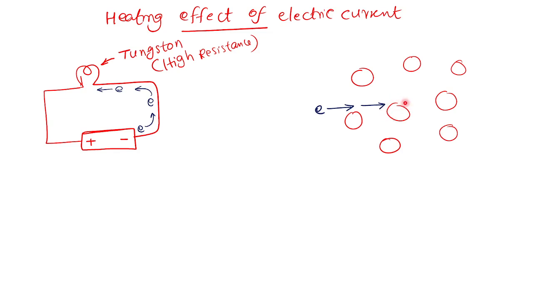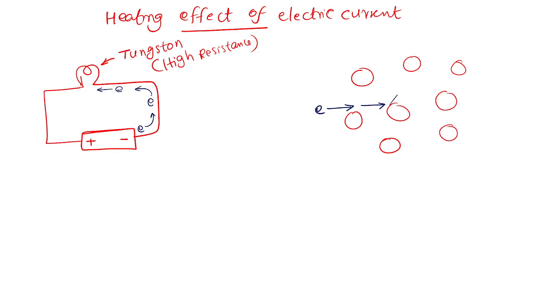They undergo collision with the atoms of tungsten. Understood? These are the atoms of the filament. As the fast moving electron hits the atom, what happens? Heat will be generated. Understood? The heat will be generated.